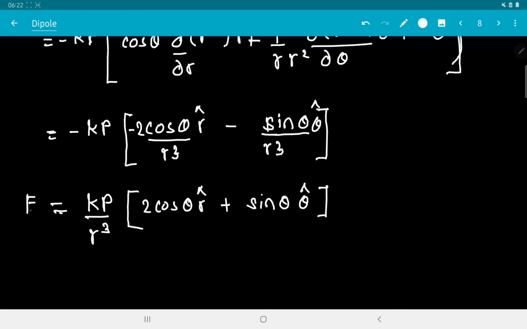This will be the equation of electric field at any point. So in this part we have seen the equation for potential, which is kp divided by r square cos theta, and for electric field we have found out by using the relation E is equal to negative gradient of V.